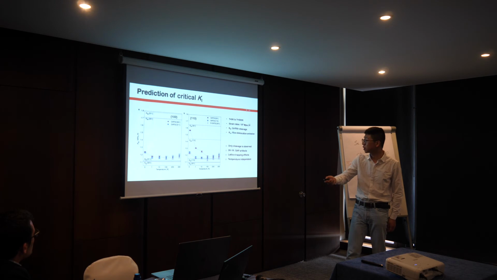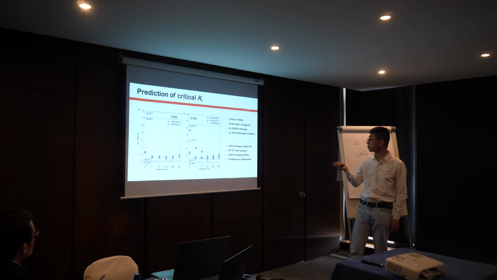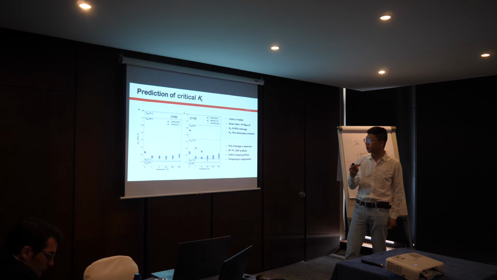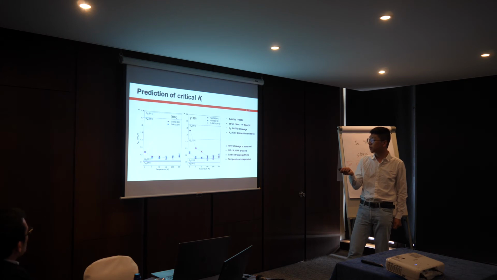And we can see that in those temperature ranges under the high strain rates, only cleavage takes place. For 0K to 1K, there is a slight drop. This is due to the complexity of the GAP, because the potential energy surface is a bit rough, and a slight thermal fluctuation smears out the entire potential energy surface.